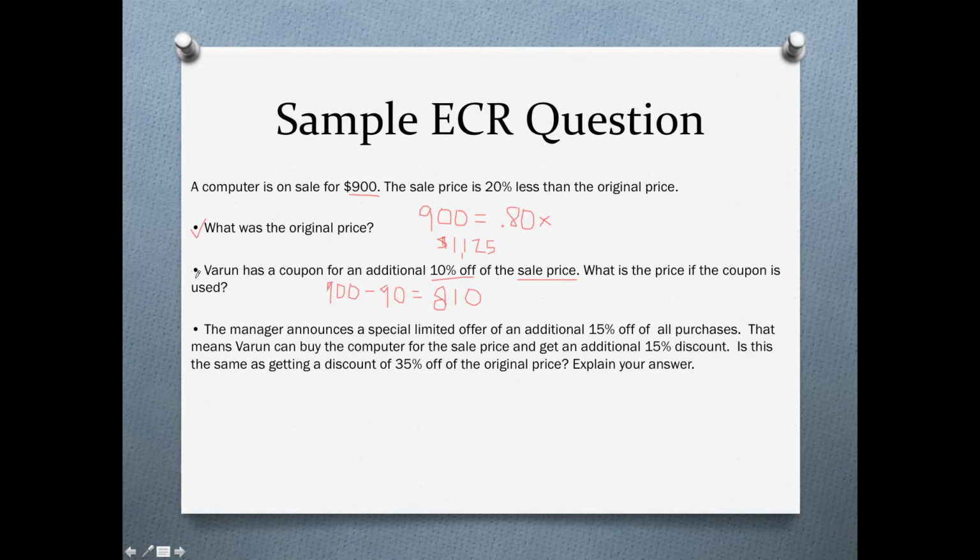So that's number 2. The last bullet says that he could get 15% off all purchases. So he could get the sale price for an additional 15%. So the sale price was $900, and then he gets another 15% off this $900. So first we need to figure out what 15% of 900 is. So again, I'm going to use a decimal instead of the percent because it's easier to multiply.